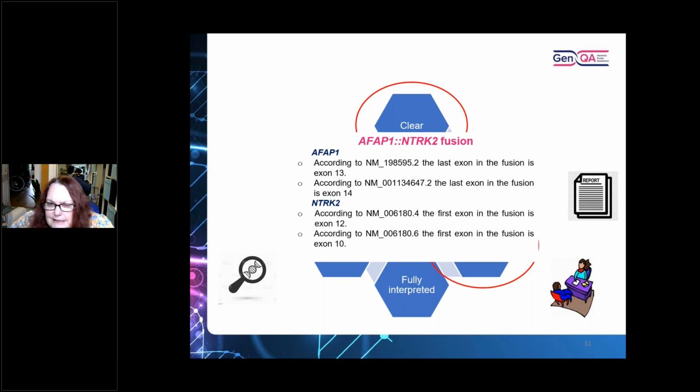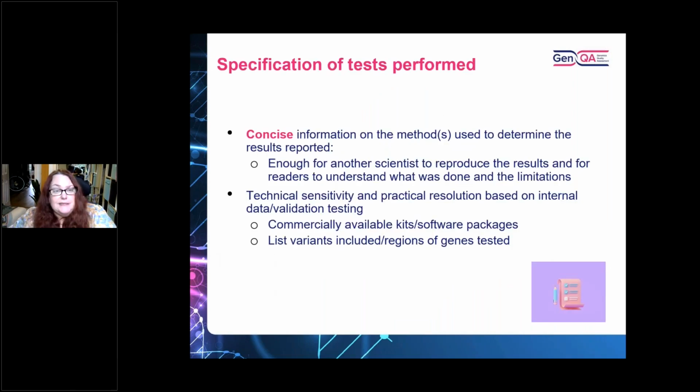So next slide. As I mentioned at the start, specifying what you do for your test is really important, because your report needs to say what you did to get that result, but it should be concise, and it should be enough for another scientist to be able to reproduce the results and for the readers to understand what was done, and importantly, the limitations.